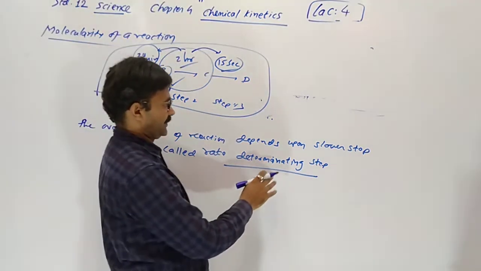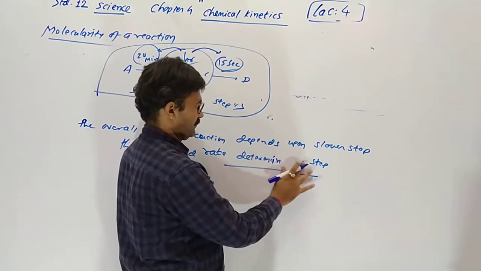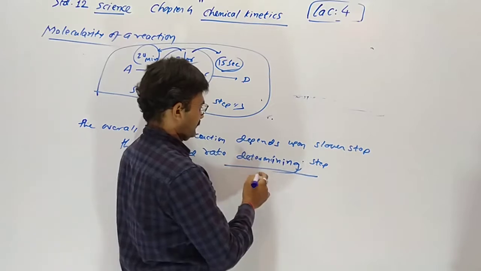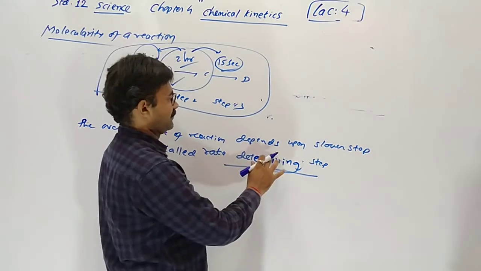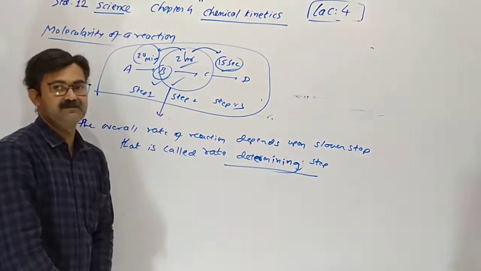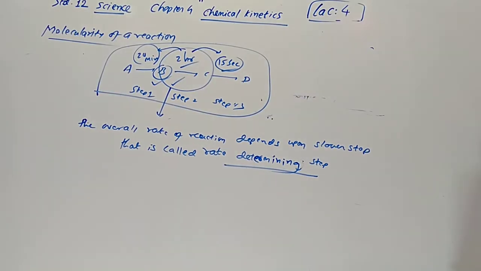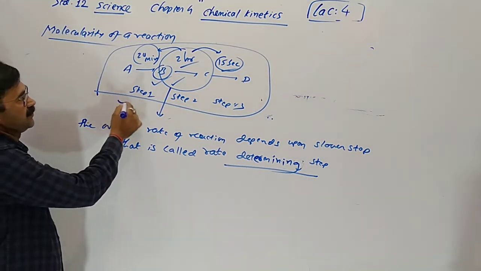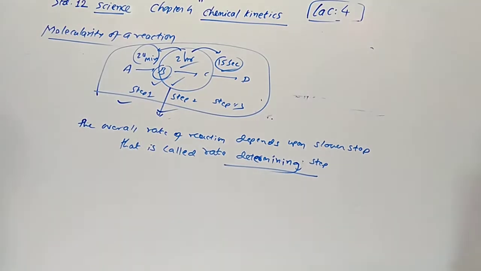Rate determining step. Yes sir. Here, when a reaction occurs in more than one step, the slower step we have to consider as the rate determining step. And how many molecules collide in it, that is the molecularity. And on that basis we can derive the order of the reaction.